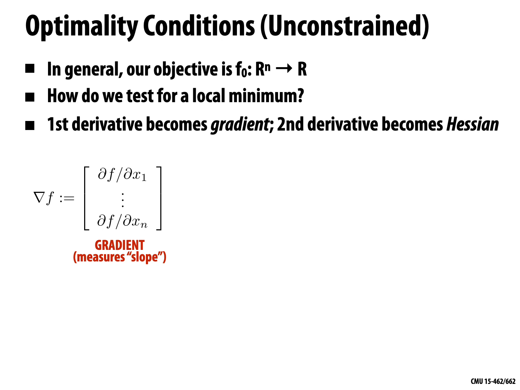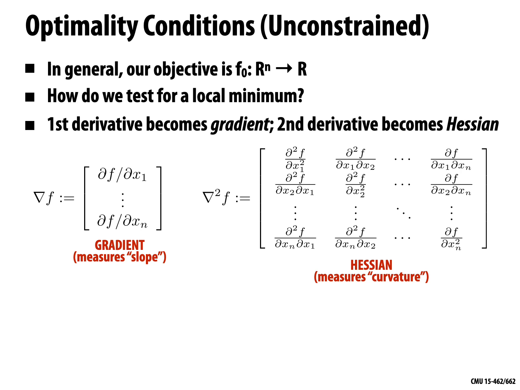Okay? The Hessian is our generalization of the second derivative to multivariable functions. And the way you usually learn this is it's a big matrix of all possible second partial derivatives. So if I have variables x1 through xn, then I take the second derivative of f with respect to x1 and then x1. Then I do it again with respect to x1 and x2, x1 and x3, and so forth. And what does this capture?